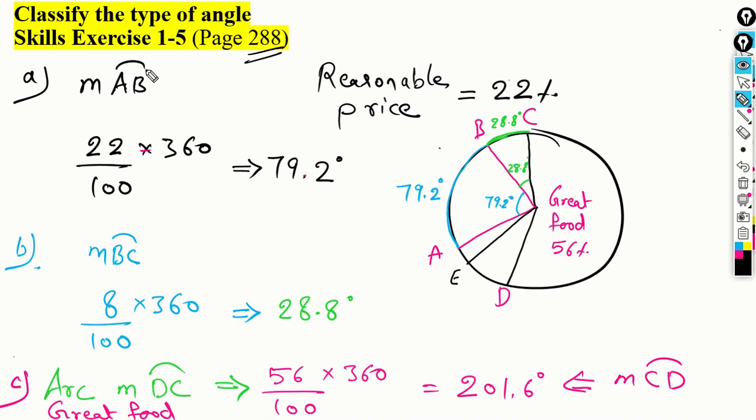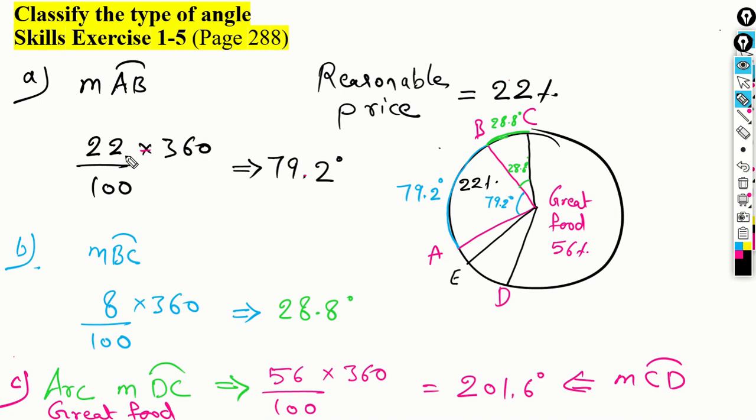Measurement of arc AB, A to B, this is 22%. Now you need to change 22% into degrees. How will you change it? 22% divide 100. This is the rule: if you have some percentage, let's say x%, and you want to change it to a decimal or number, you do x divide 100.